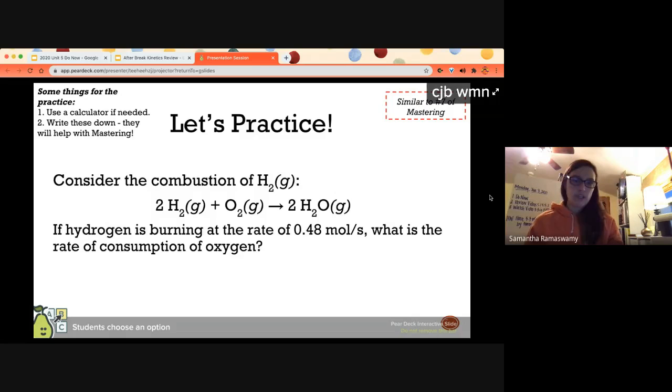So hydrogen is burning at the rate of 0.48 moles per second. What is the rate of consumption of oxygen? Remember, when it says rate of consumption, that is rate of appearance, rate of disappearance. That tells you should be looking at the balanced equation.